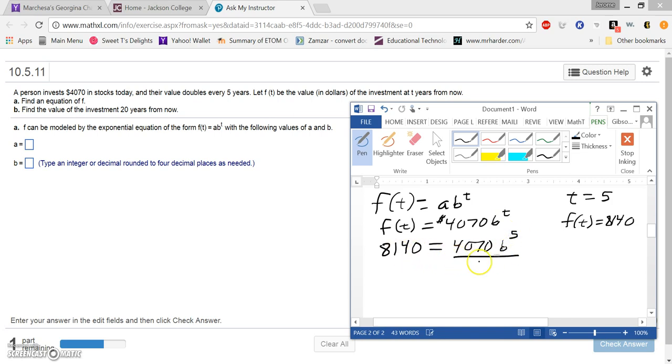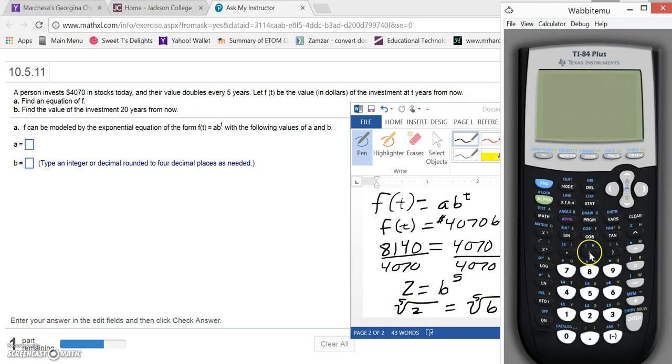So now we will divide each side by 4,070. And this will give us 2 is equal to B to the 5th power. Now we would take the 5th root of both sides.